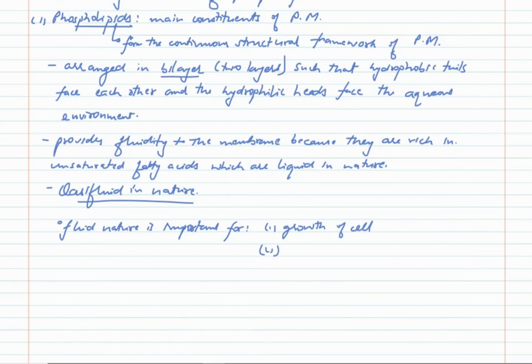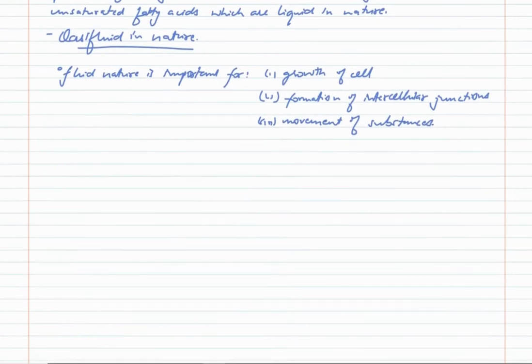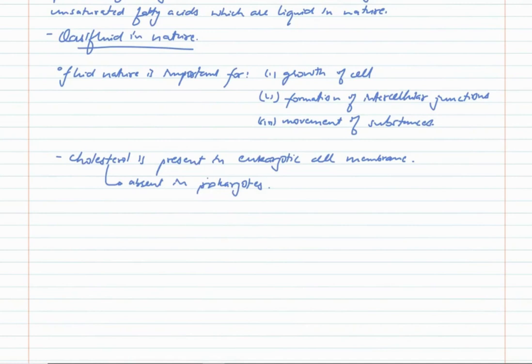Secondly, it is necessary for formation of intercellular junctions, and for movement of substances through the plasma membrane, whether moving inside or whether moving outside. Cholesterol is present in eukaryotic cell membrane, which is absent in the cell membrane of prokaryotes.